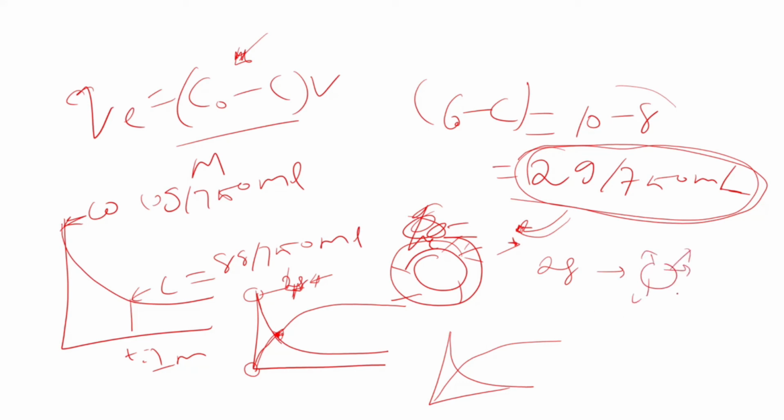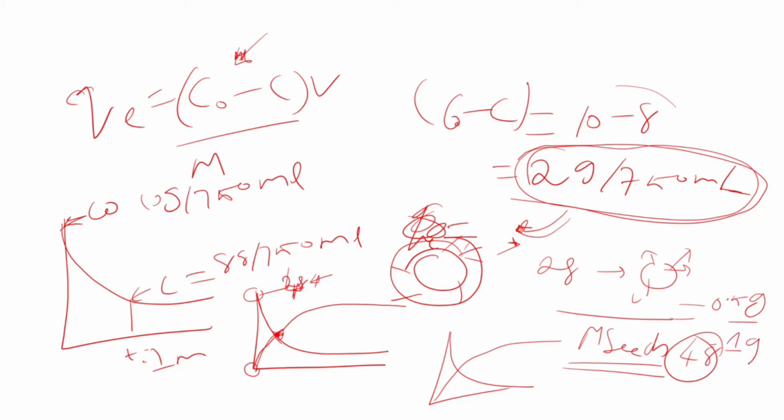And then you just divide by the mass of the seeds. If your mass of the seeds is 4 grams, when you divide 2 by 4, the number you get is 0.5. Which means you moved 0.5 grams of the crystallizing compound onto 1 gram of your seeds.